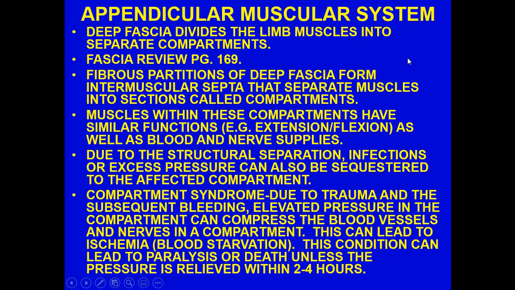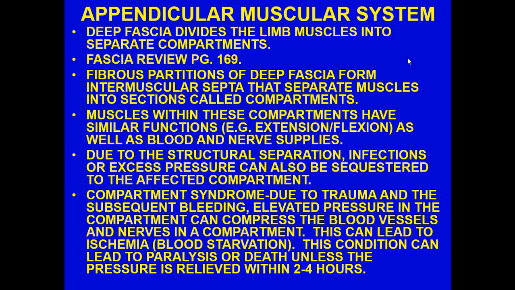Now, let me just go over some other important points. The deep fascia, which divide the limb muscles into separate compartments, there is a fascia review which is on page 169 of the text. And if fascia is a little bit fuzzy in your memory, go over it. Fibrous partitions of deep fascia form intermuscular septa. In other words, these sections or divisions.